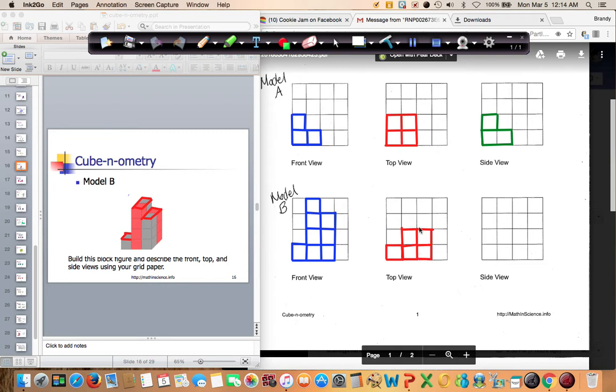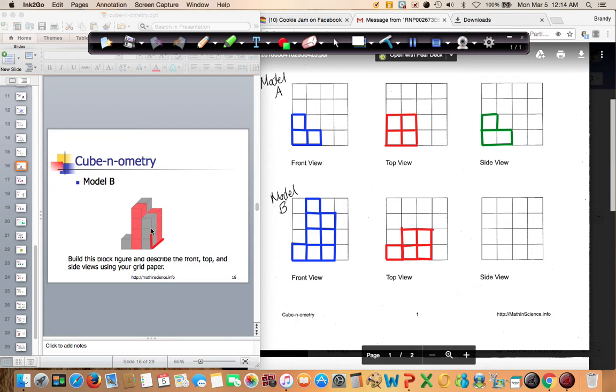And finally, from my side view, I get out of the airplane, and now I'm standing over here. And all I can see is the side. So I can't see this guy back here anymore. I see 2 blocks, and they go 1, 2, 3, and then these are included because I can see it goes up here.